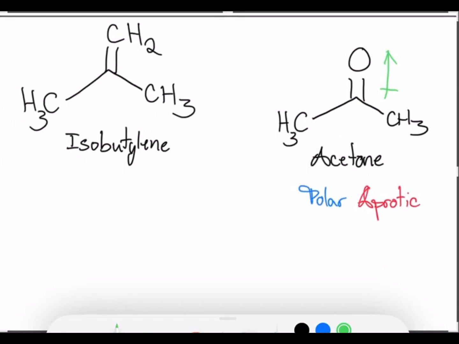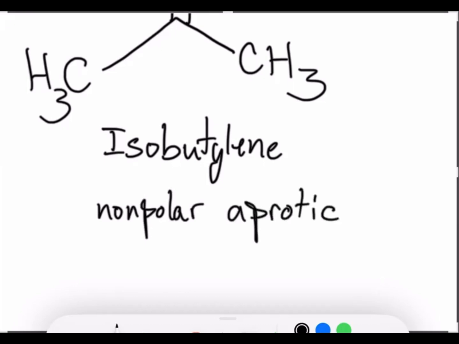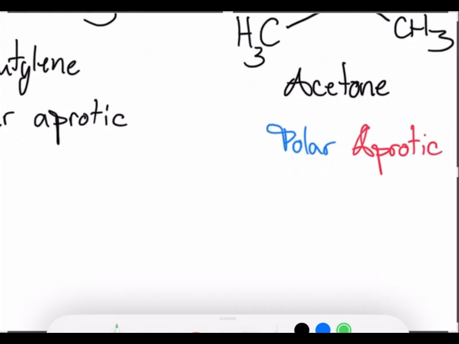All right, so what does this mean? And the one over here is non-polar aprotic, by the way. All right, nothing special about isobutylene. So because of that electronegativity difference on the right here, what we are going to be experiencing is a higher melting point and a higher boiling point.